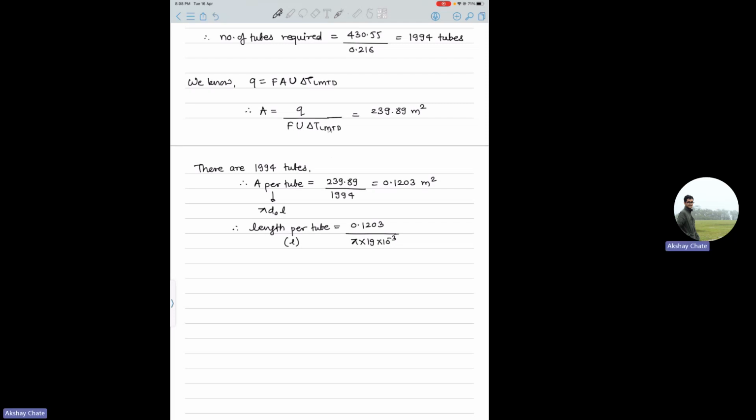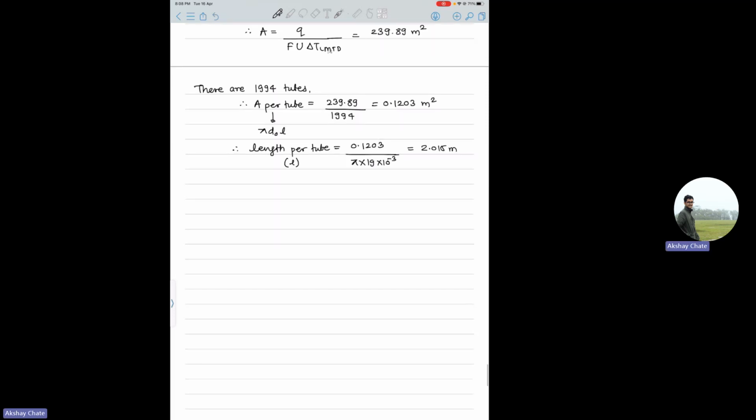So 0.1203 divided by pi into 19 into 10 to the power minus 3. So you get 2.015 meters. So this much length per tube is required.